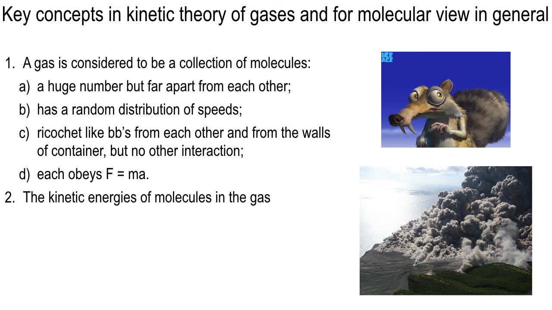Now, you did some really cinchy averages, but the kinetic energies, if you average them in a gas, you get some interesting results. So first of all, in a gas, it's a random distribution, so there's a huge range in speeds. Now, they're all really whipping around pretty fast.